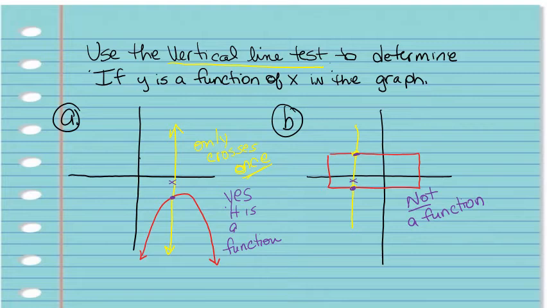We could just randomly pick a number here, and we could say, well, that's (-3, -1), and this would be (-3, 2). And so you see that there is a repeating x, just like in the list we saw earlier. There are a bunch of repeating x's because this vertical line crosses a lot of different places. So this one's not a function.